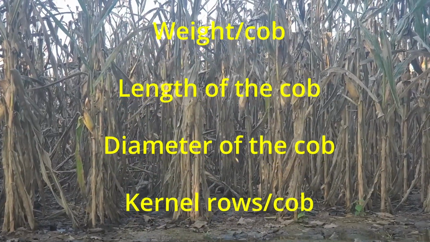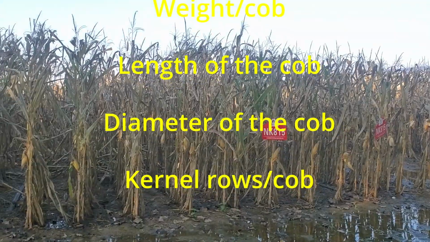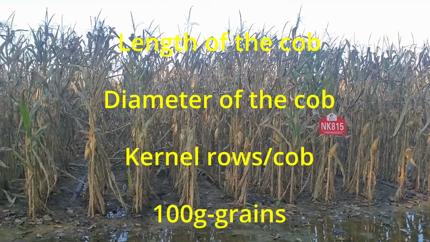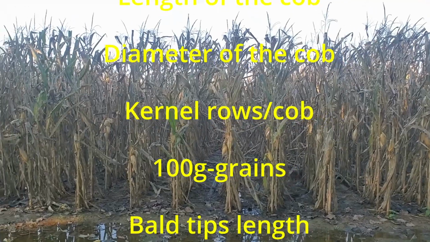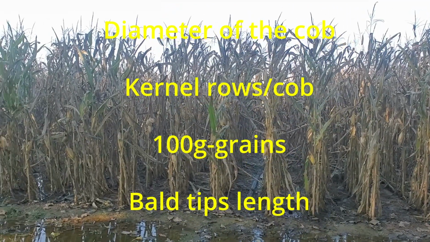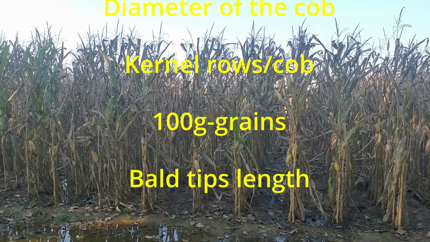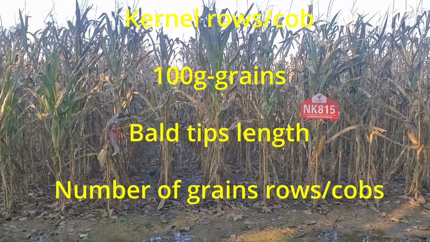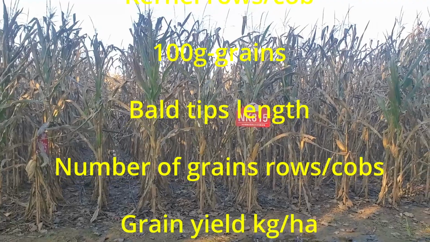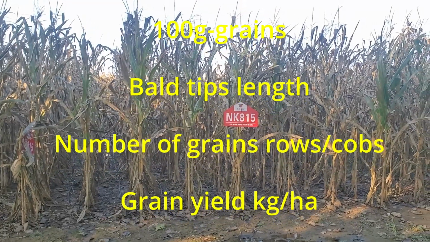Also, the number of grains per row. Also, you can measure the weight of 100 grains or seeds from each treatment, or you can choose 1000 grains from each treatment.